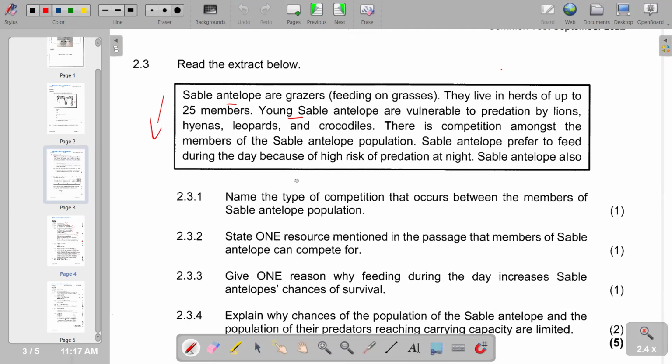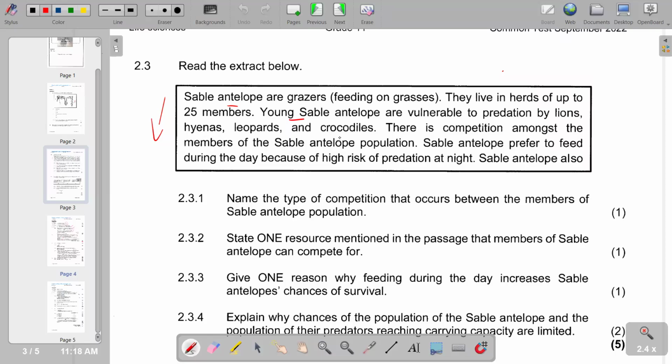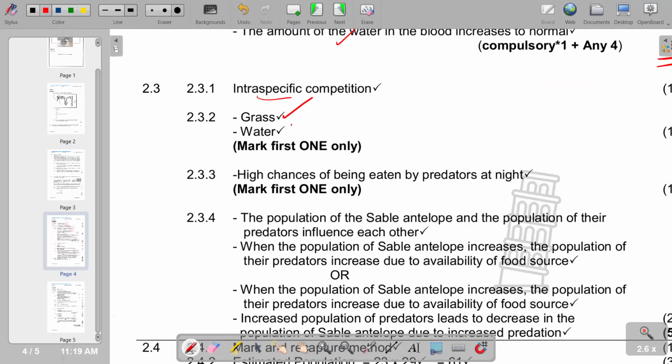So with that, we move on to the next part of our question, which says, state one resource mentioned in the passage that members of the sable antelope can compete for. If you refer back to the extract, we can see that grass is mentioned. So there is competition for grass, also indicated as grass and water.